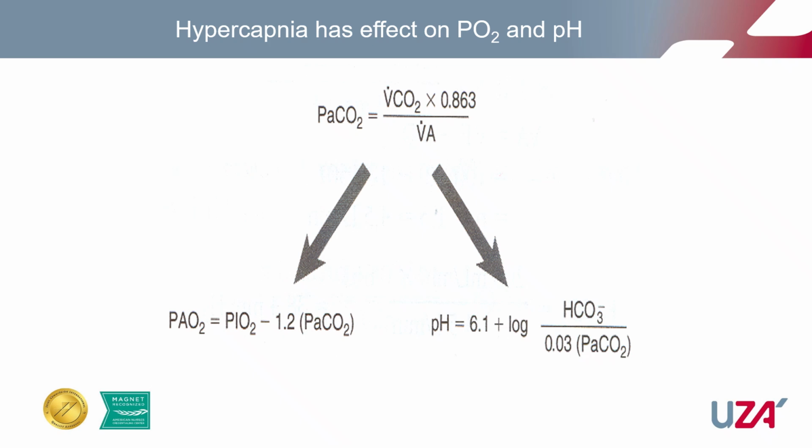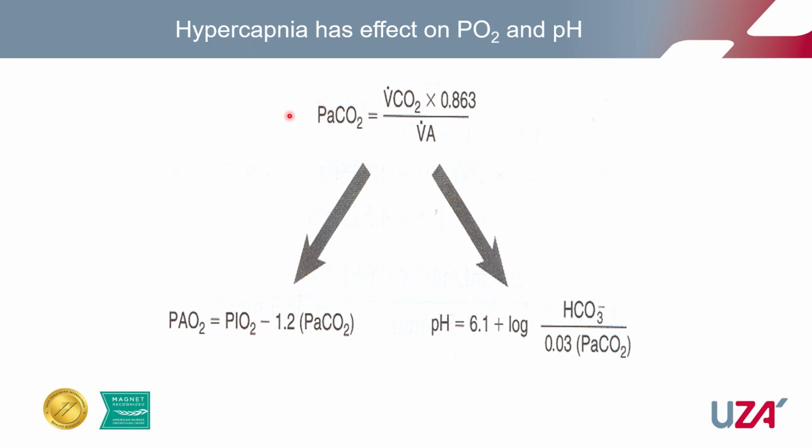For the second part of this webinar, it is important to realize that hypercapnia has an effect on both the oxygen tension and pH of the arterial blood. As I have shown to you, the PaCO2 depends on the CO2 production and the alveolar ventilation.